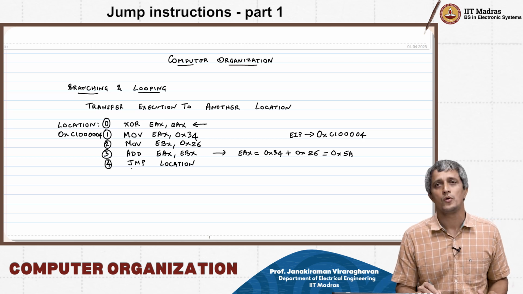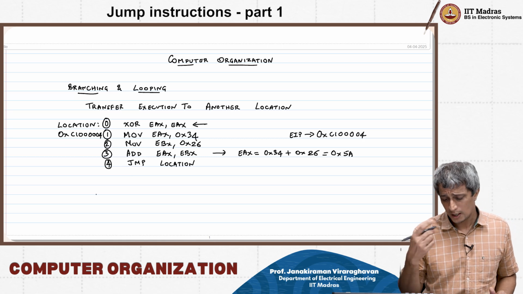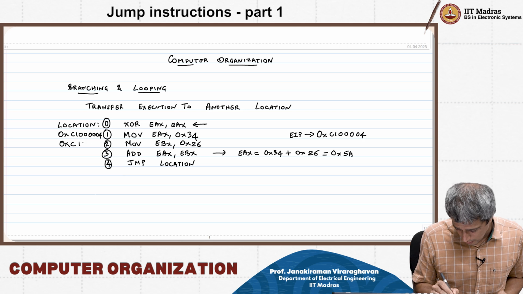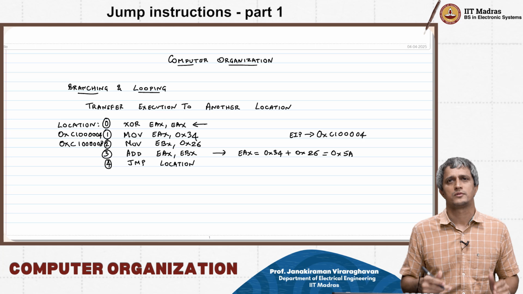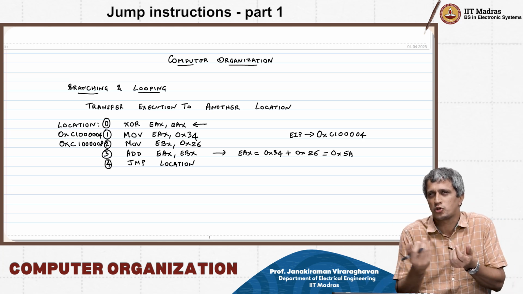Now I come to the fourth instruction, right? So the address is C108, right? 0xC1000008 is this, and so on. Every 4 bytes, I am assuming that each instruction is occupying 4 bytes.